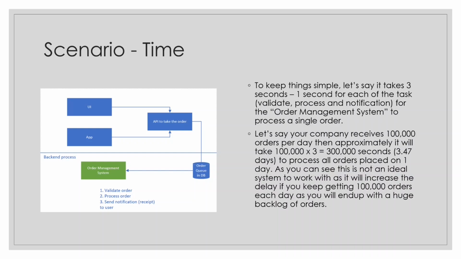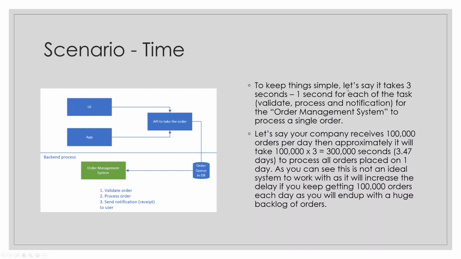Let's look at the time consumption for this order management system. Because distributed computing really comes into play on the backend processes, we are going to ignore the top bit because that's out of scope for this session. So the bottom bit, where the backend process is, let's look at this order management system in a little more detail in terms of the amount of time it will take to complete its task.